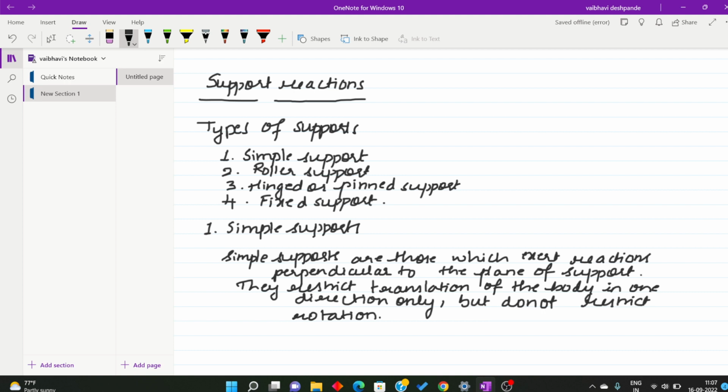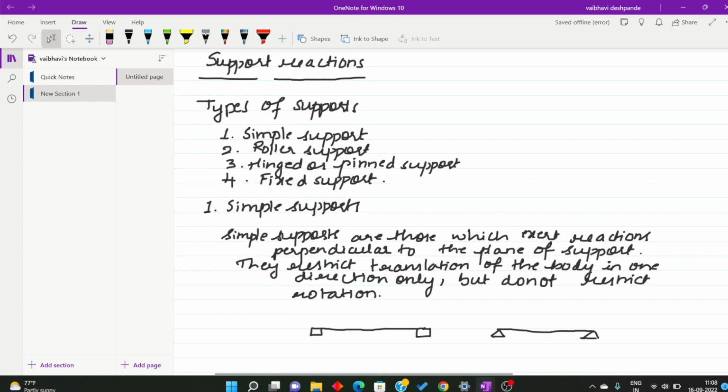Okay, so we can represent a simply supported beam like this, either like this, or like this.